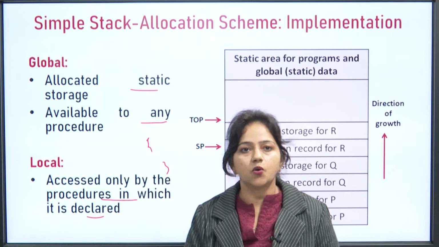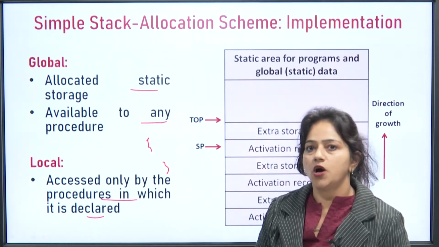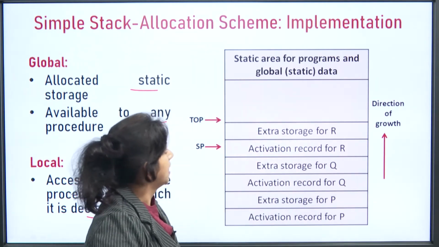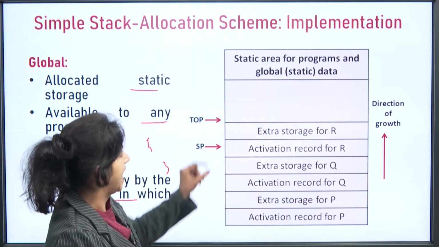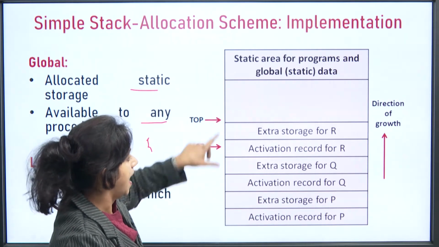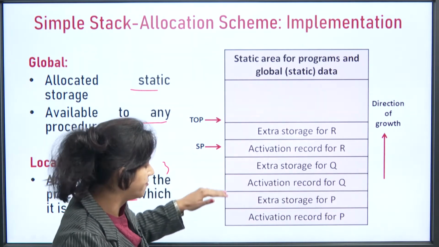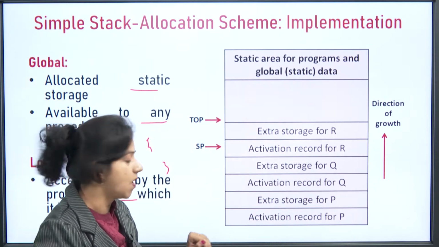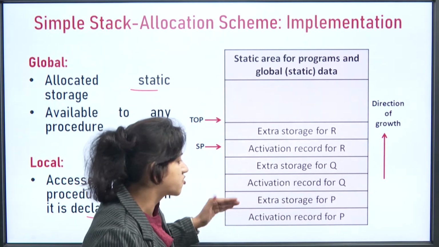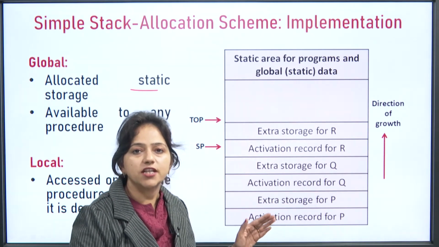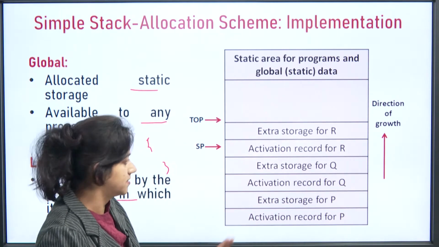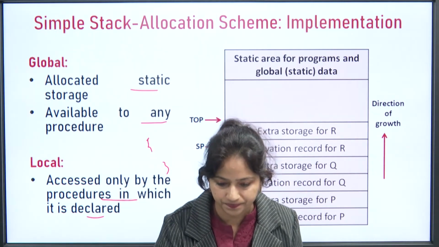Now, here we talked about the stack implementation and it will look like this, where we will have the static area and the space for the various procedures. It will have the space for the activation record as well as extra storage for every procedure, that we will discuss in coming slides.